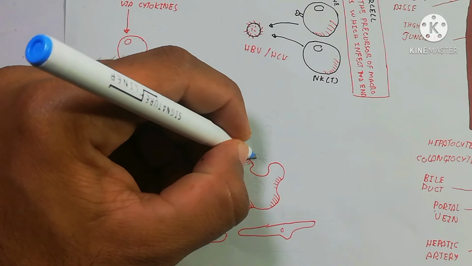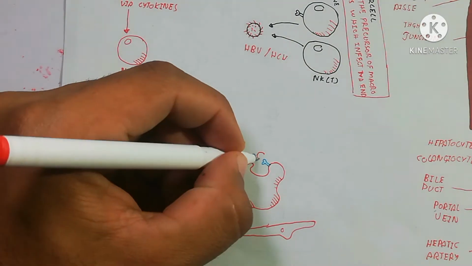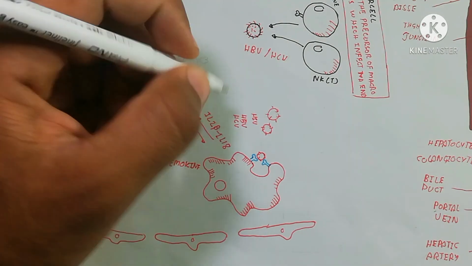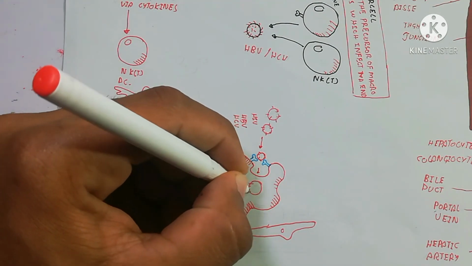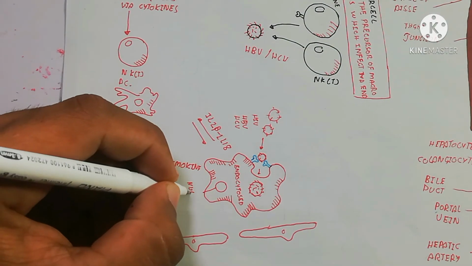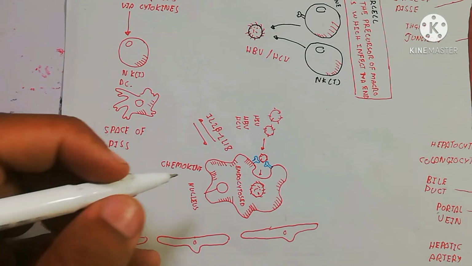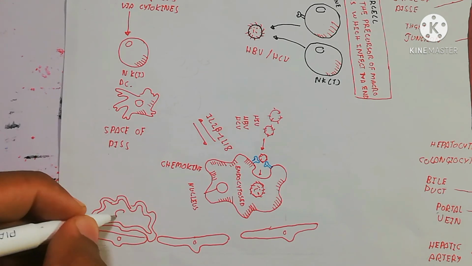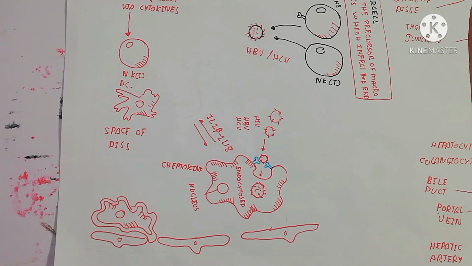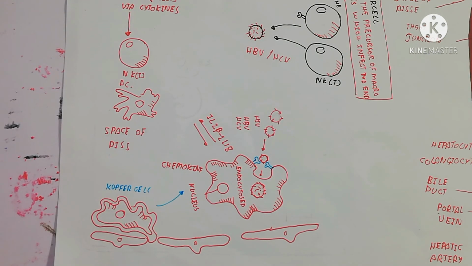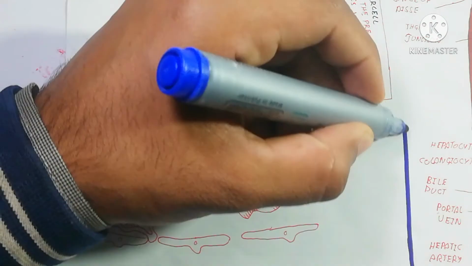So here is the Kupffer cell, which converts into the macrophage and ultimately engulfs viruses like HIV, HCV, HPV, hepatitis virus, and after engulfing, produces more interleukin and chemokines, which attract more natural killer cells and other immune cells to produce antibodies.